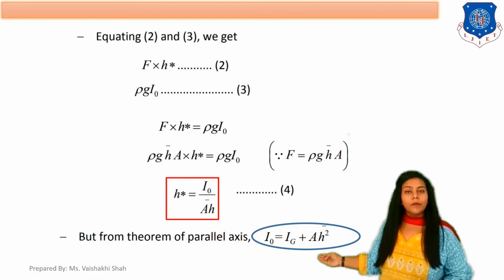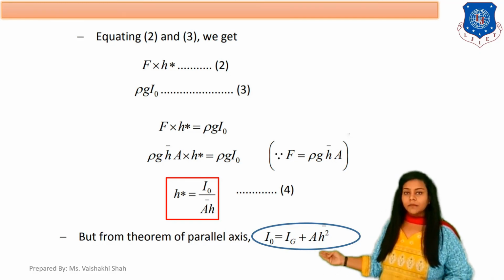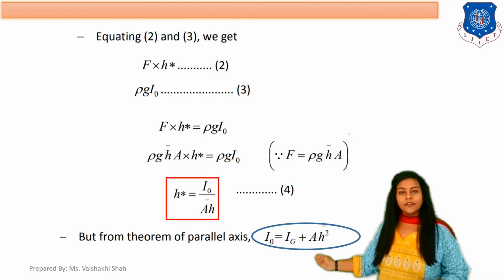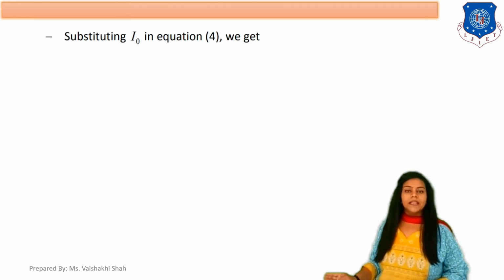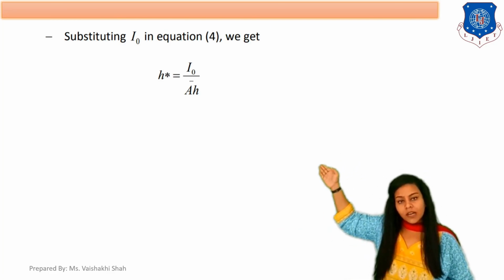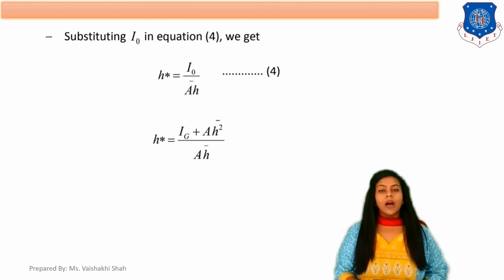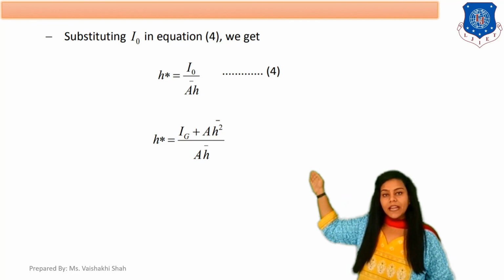This is the formula for the parallel axis theorem. So I0 equals Ig plus A h bar square. By replacing in your equation number 4, I0 upon A h bar, where I0 is Ig plus A h bar square, divided by A h bar.